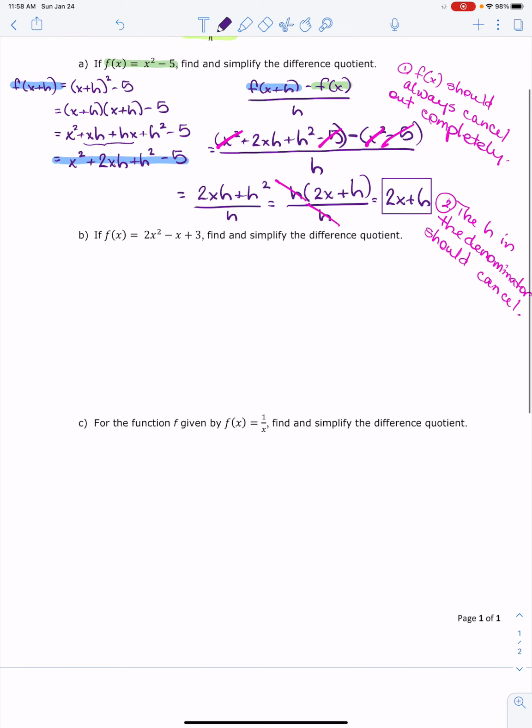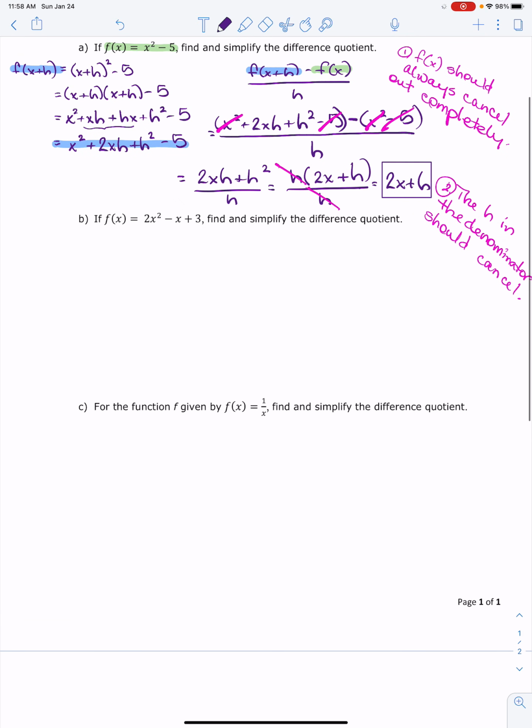So B, I am going to start the exact same way. I'm going to start with f of x plus h. So I get 2 times x plus h squared minus x plus h plus 3. We already know what that x plus h squared looks like from above.